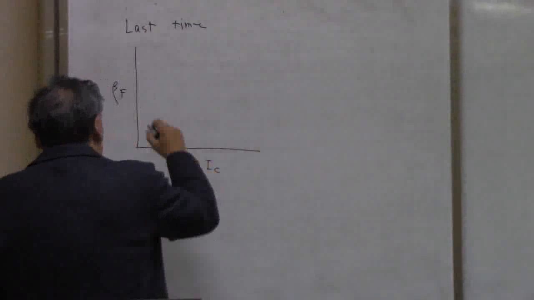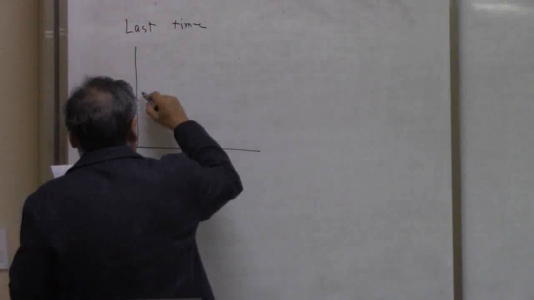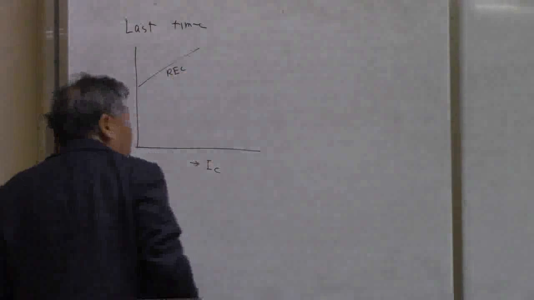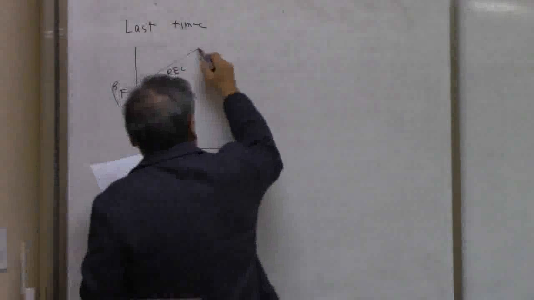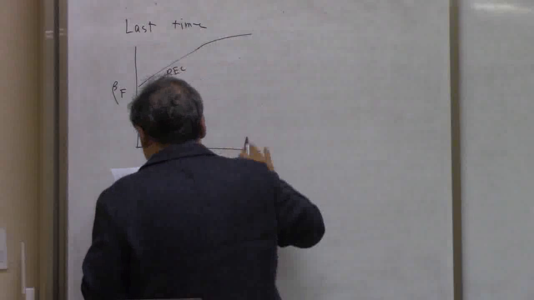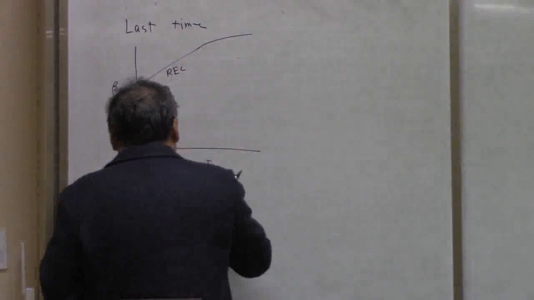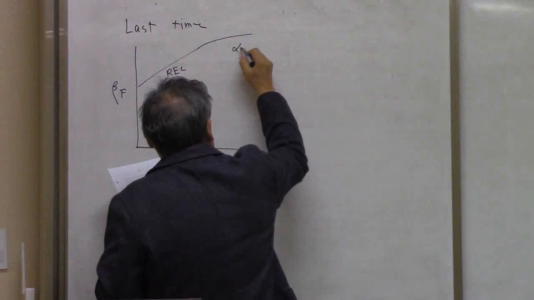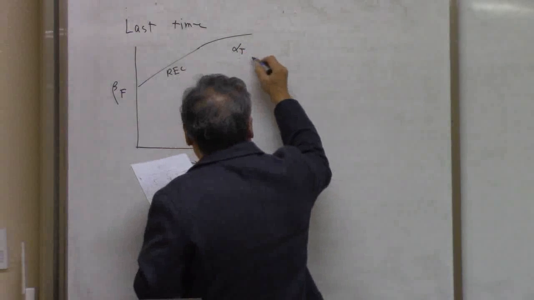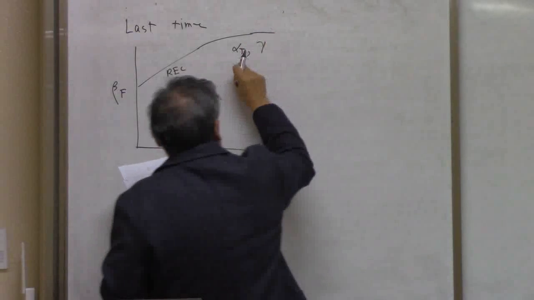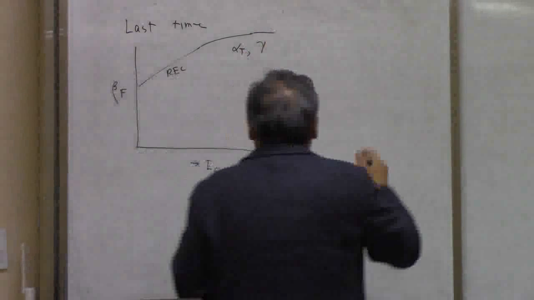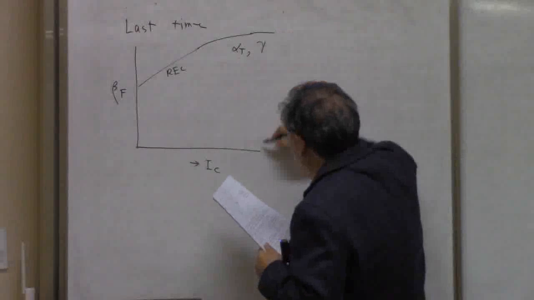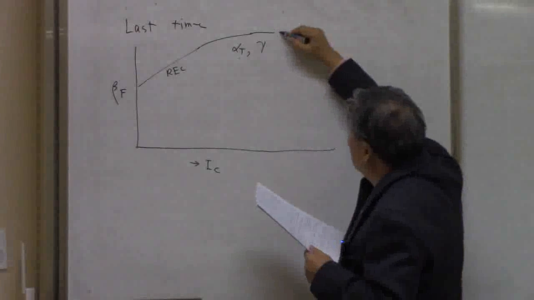When IC is small, the beta is controlled by recombination in the space charge region, and then at moderate emitter current, collector current, this beta has to be rolled off by the turns numbers, alpha and gamma, and then at very high emitter current.